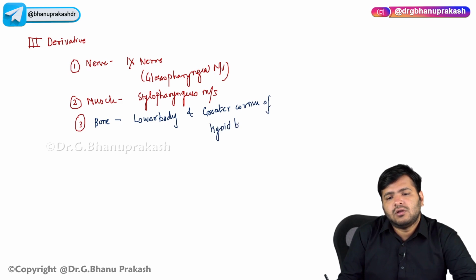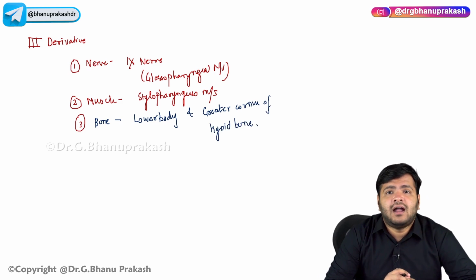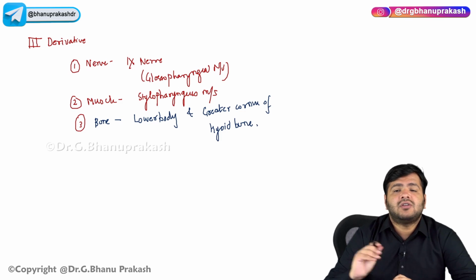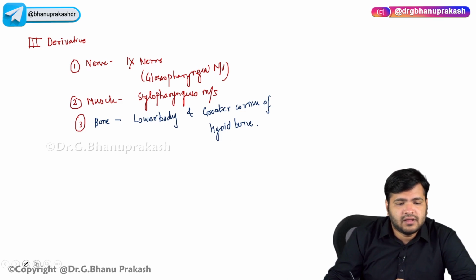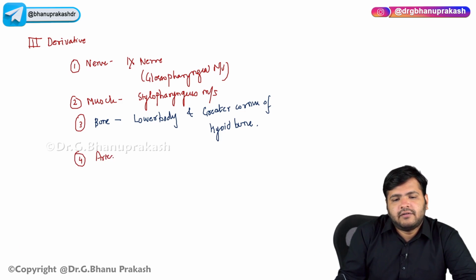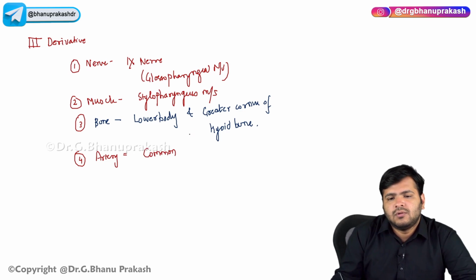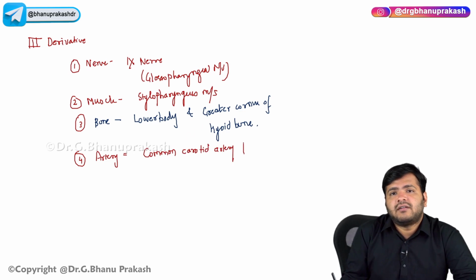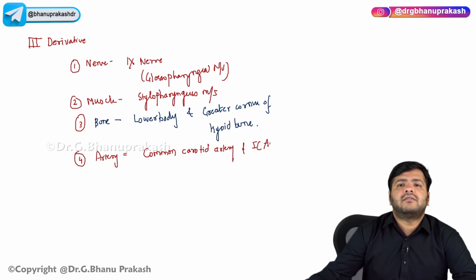And at last the arteries which are developing over here: the common carotid artery and the internal carotid artery.